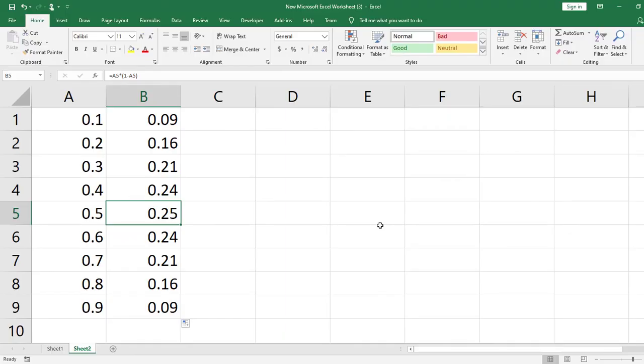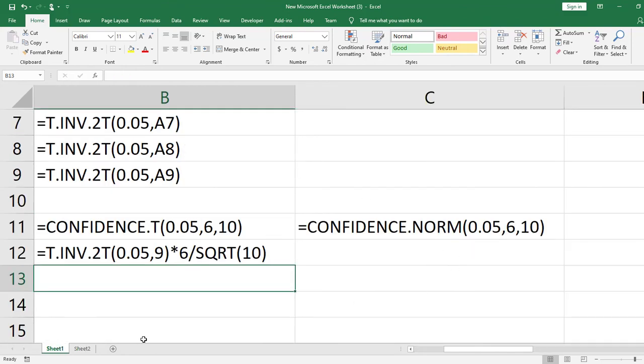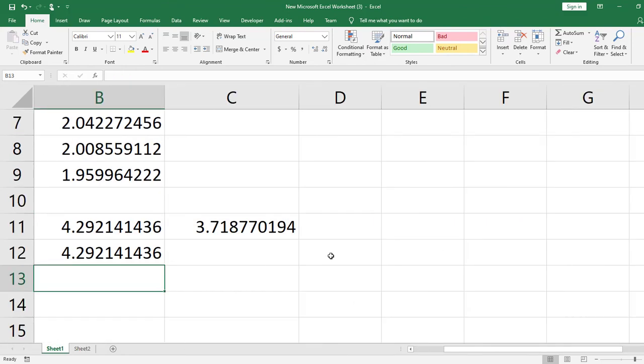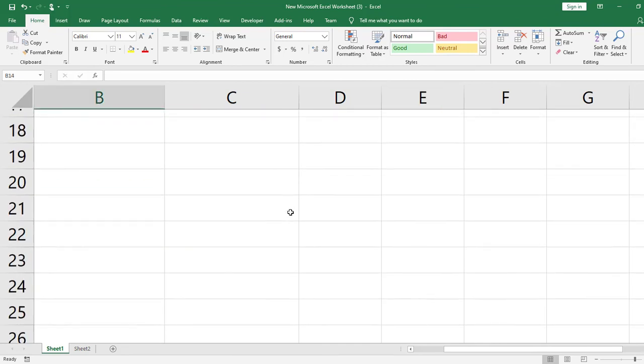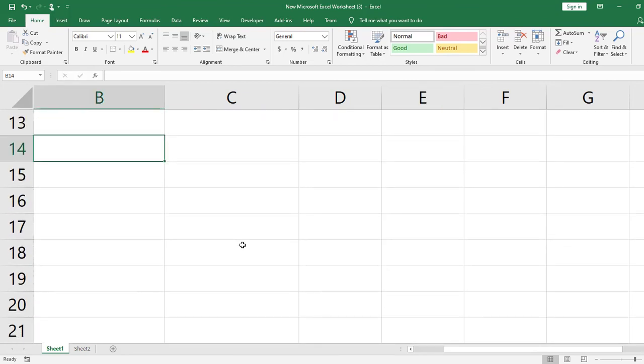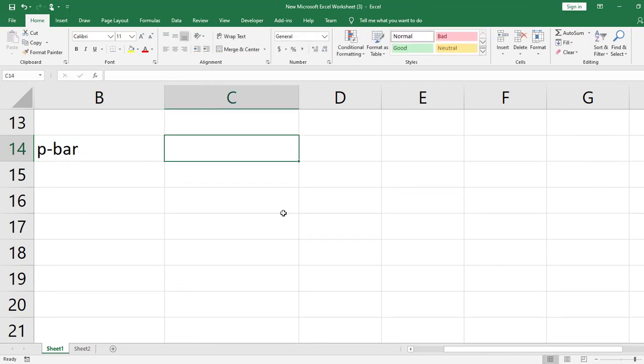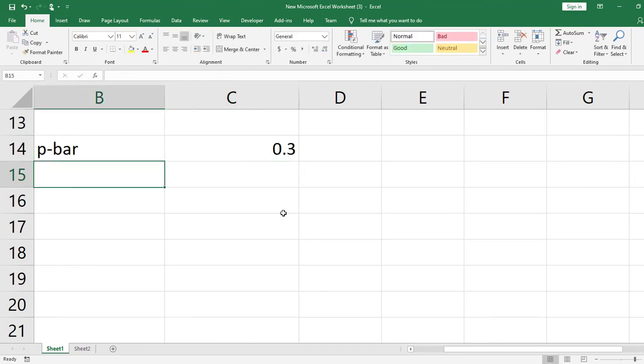Let's go through an example then. Let's say we're trying to figure out polling data. Let's imagine that a particular candidate has, we do a whole sample and we get a p-bar of 30%. They have 30% support. Let's imagine we ask, let's say, 1,000 voters.